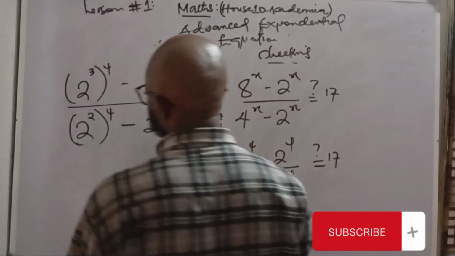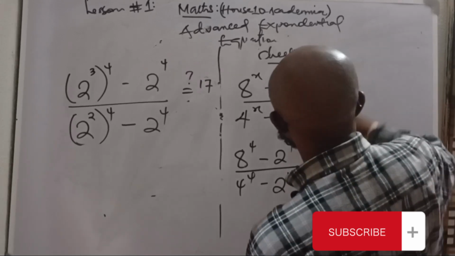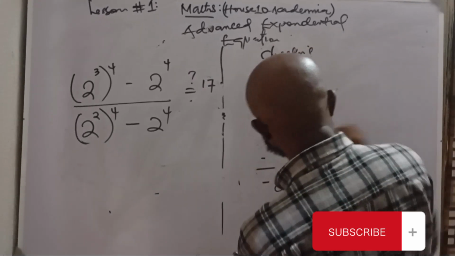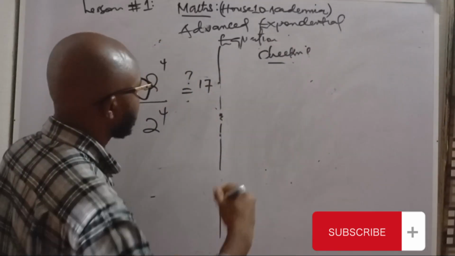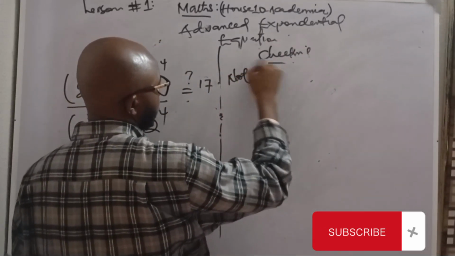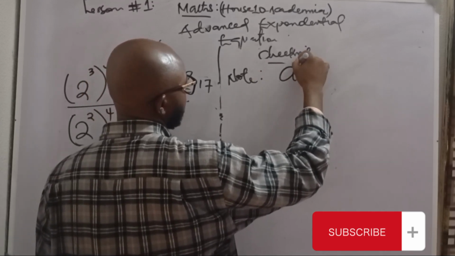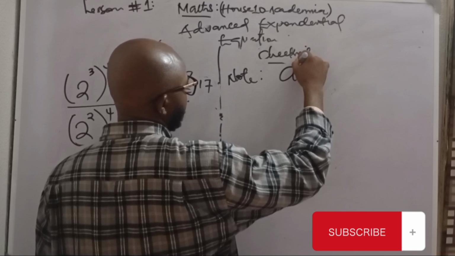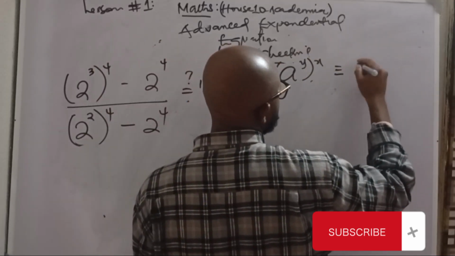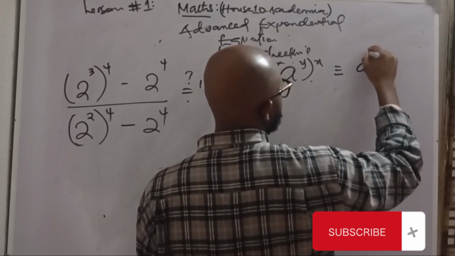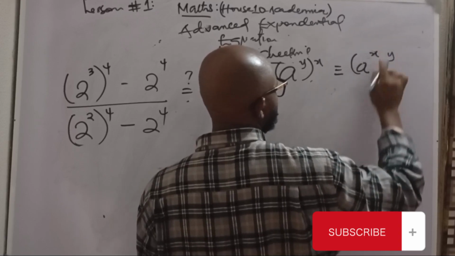Now the argument here is that we'll be applying the law of indices. Note that a^(yx) is the same thing as a^(xy).